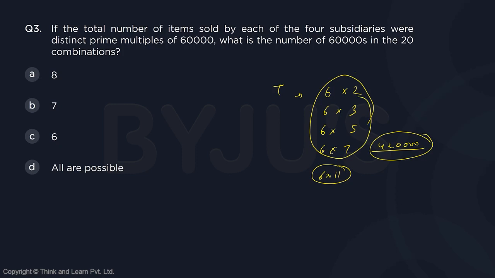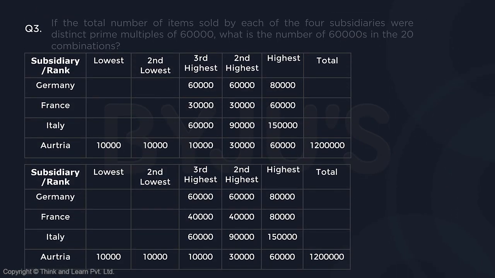So these are the four numbers as a sum I am taking. One of the sums would be 1,20,000. One of the sums must be 60 into 3, that is 180,000, into 5, 3 lakh, into 7, 420.